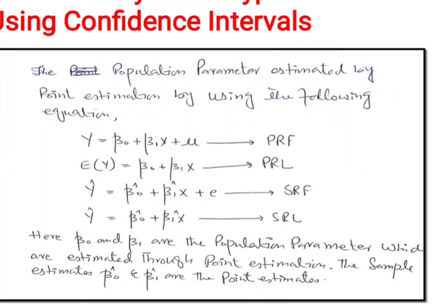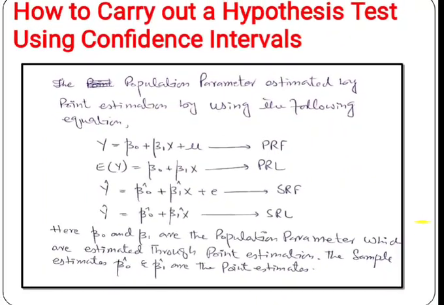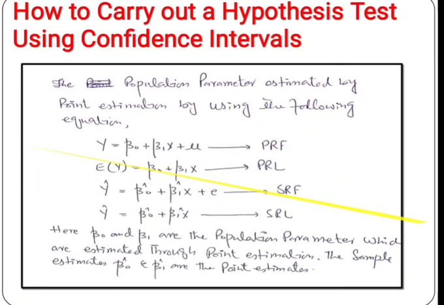The estimated regression line is y cap equals beta naught cap plus beta 1 cap x, where beta naught cap and beta 1 cap are the estimates of the population parameters beta naught and beta 1, and we have estimated these coefficients through ordinary least squares by employing the point estimator formula.